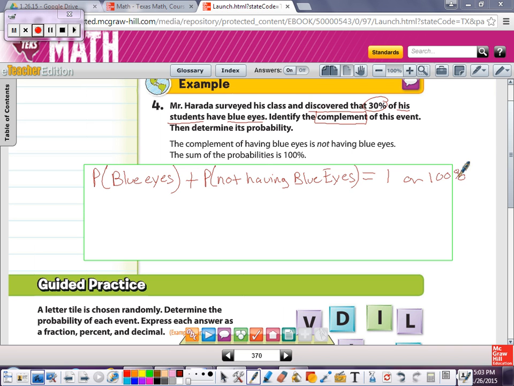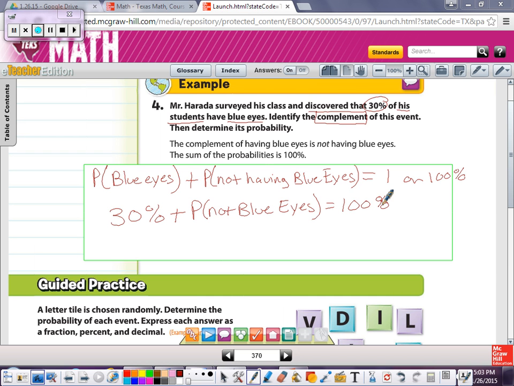Okay, so we know the probability of students that have blue eyes. So we know that 30% of students have blue eyes. And we're going to add that to the complement of not having blue eyes, which is equal to 100%.